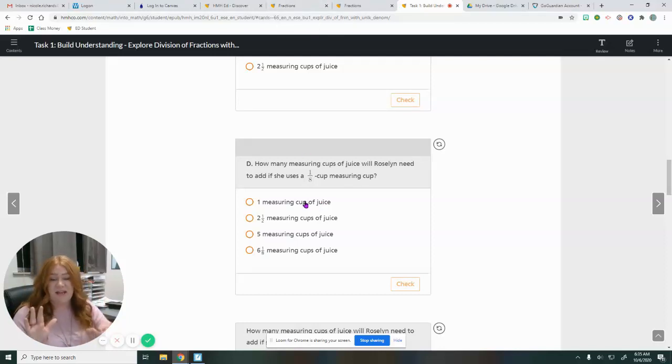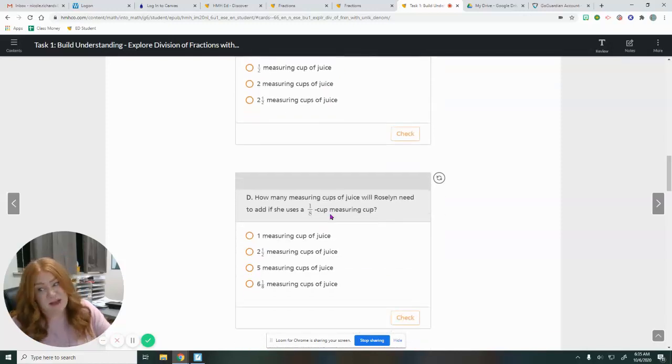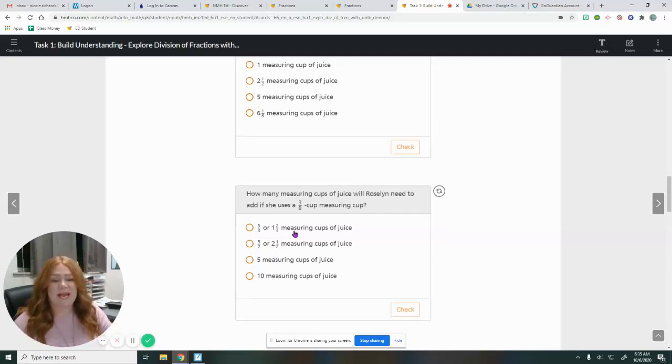First she had a 1/4, but then she found a 1/8. What if she had a 3/8 measuring cup? How many times would she need to scoop that out? Think about your 5/8, block out 3/8 and see what's left over to see how many times she would have to use a 3/8 measuring cup.